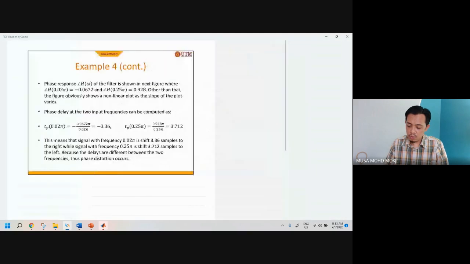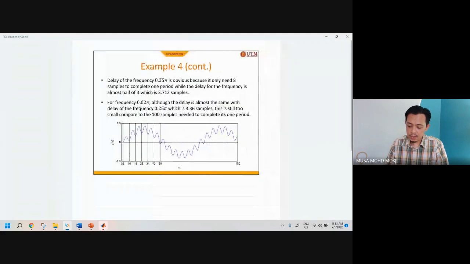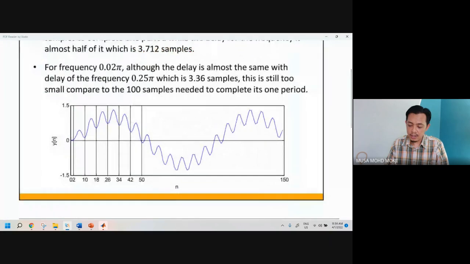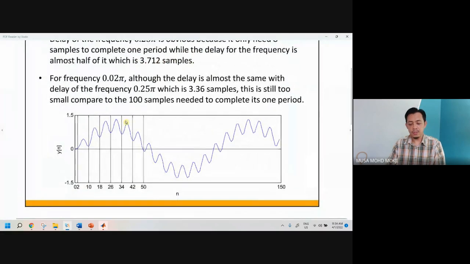I'm going to show you one example which has a different delay on different frequencies. This is what happens if we have phase distortion. At 26, instead of having a peak, now we have a negative peak. At 2, we should have a peak also somewhere here.